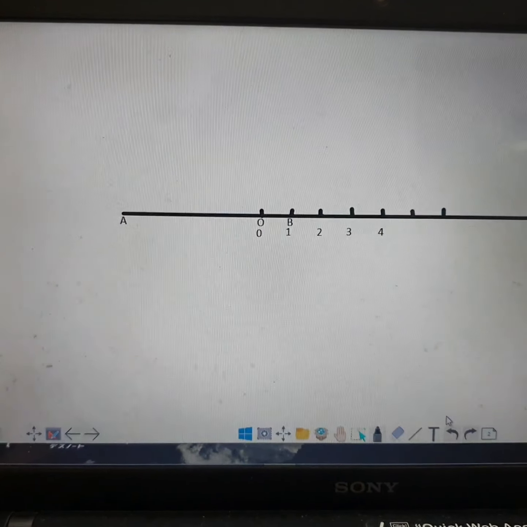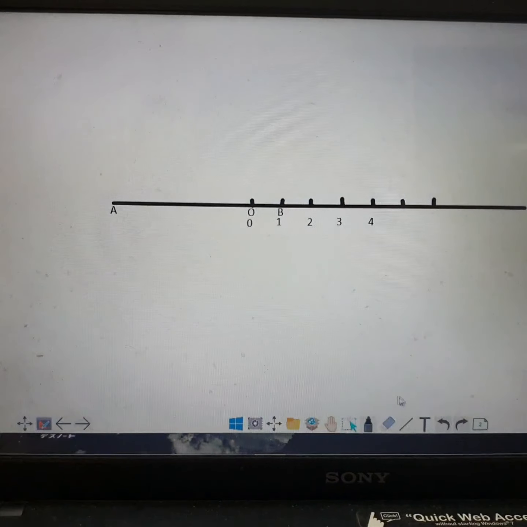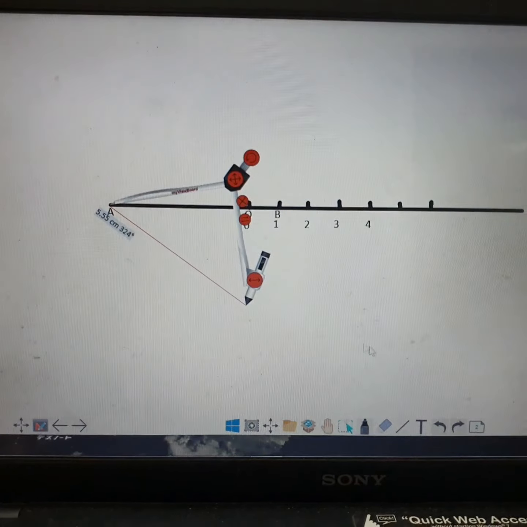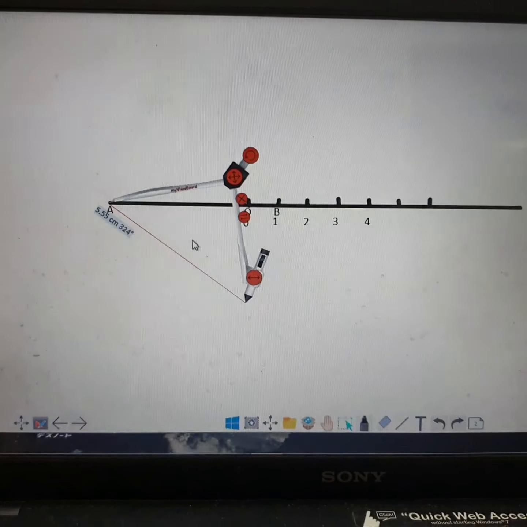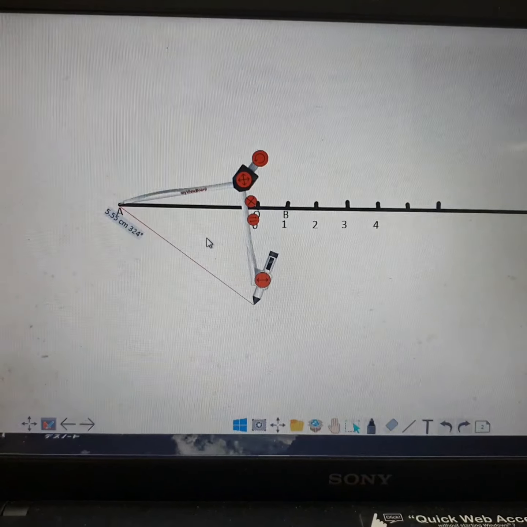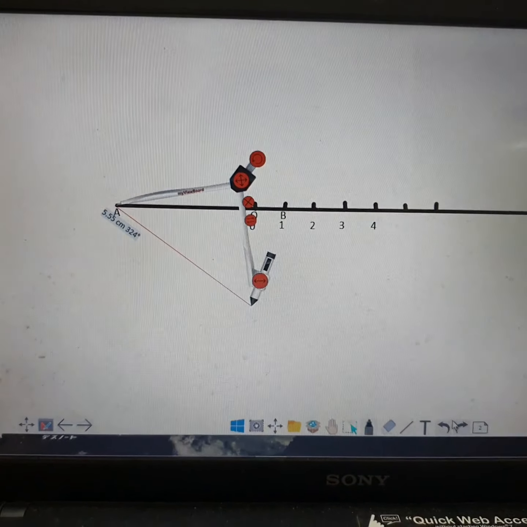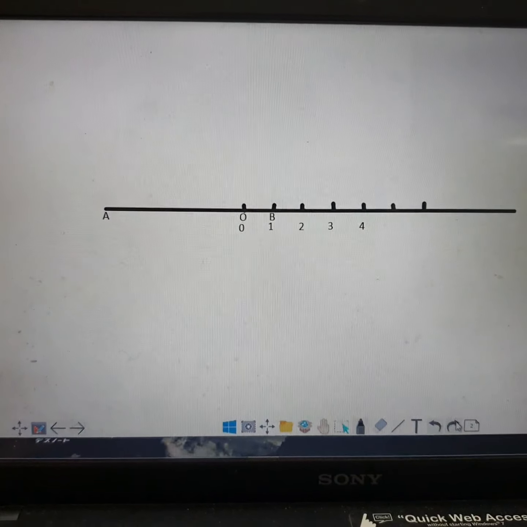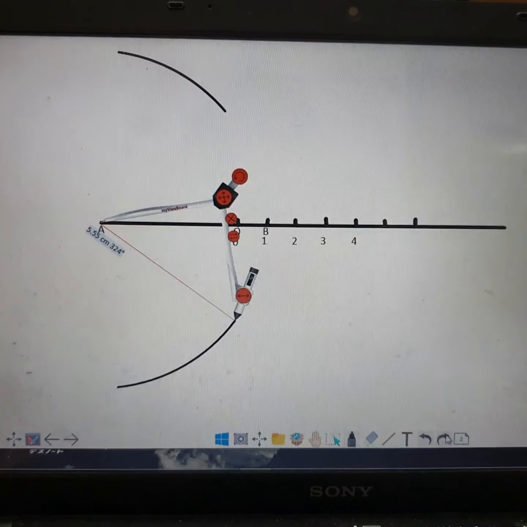After step 1, that is drawing of a number line, in step 2 you will use a compass, taking more than half the distance of AB, because you are supposed to draw a perpendicular bisector. You will keep the pointer at A and draw one arc up and one arc down.